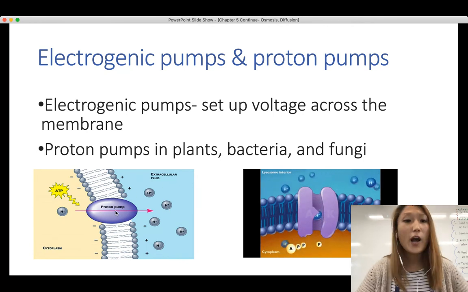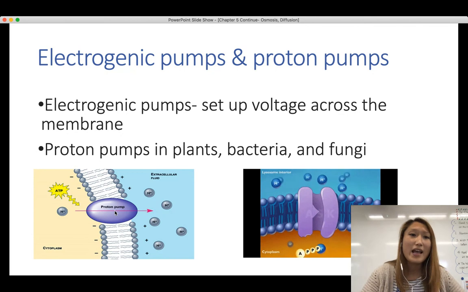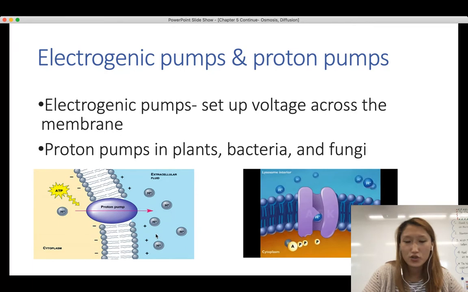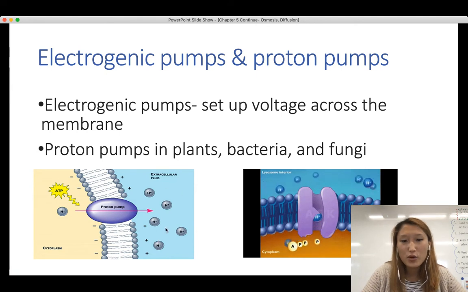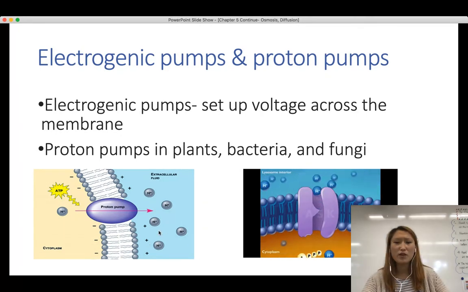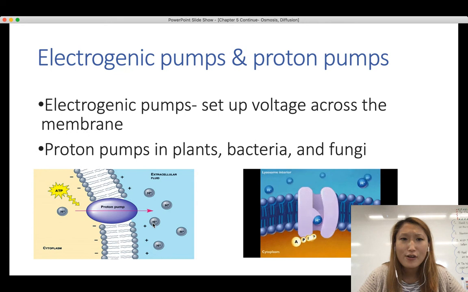The word pump tells you that this is, again, an active transport, low to high concentration movement of the molecule, so you'll build up more and more hydrogen at a certain part. So in this picture, you can see more and more of the hydrogen ions being built up outside of the cell.